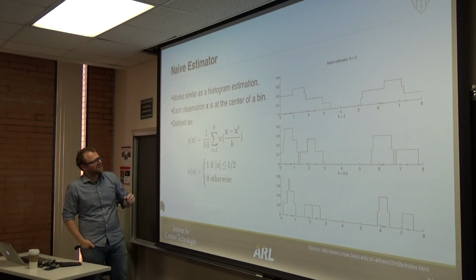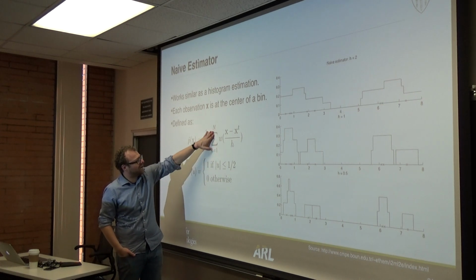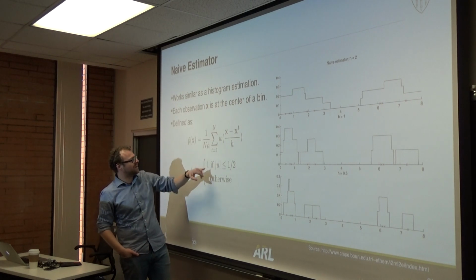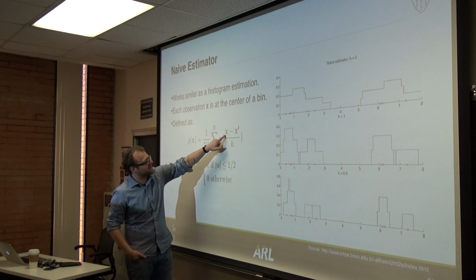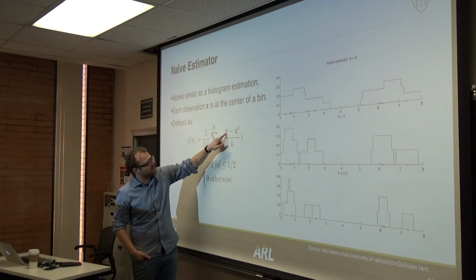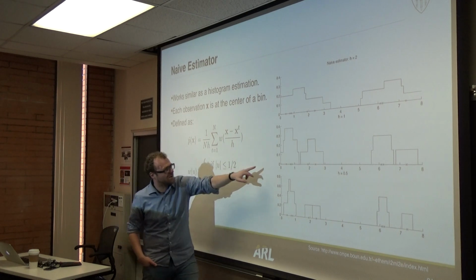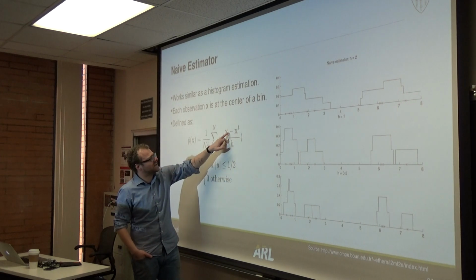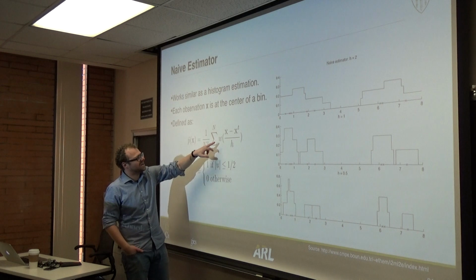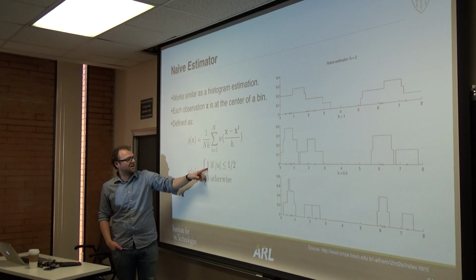So what do we do here? Again, we have our normalization. We sum up over all our data points, and we have this w here, which we'll get to in a second. But we calculate a distance between the x value that we want to know about, like we move this through here, and minus all the xt's divided by h, and then we have this indicator function.